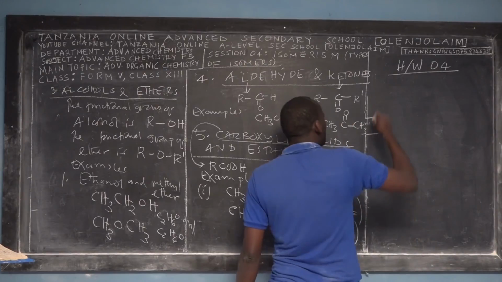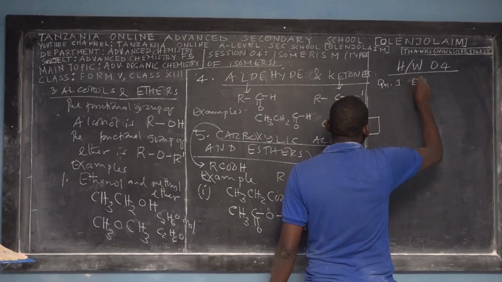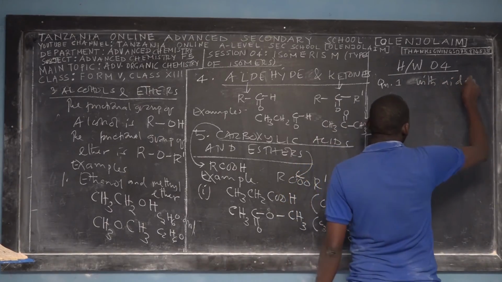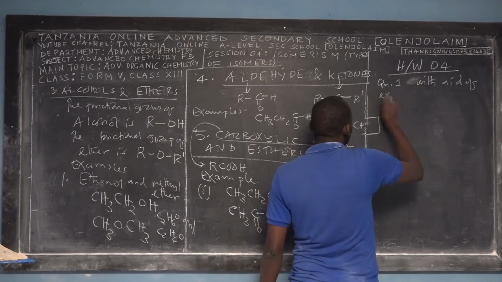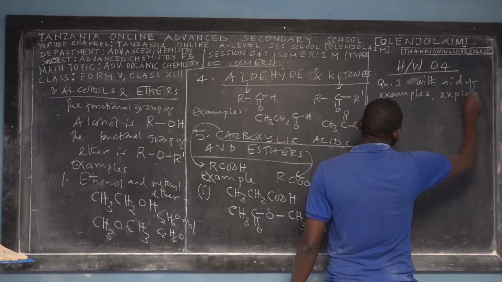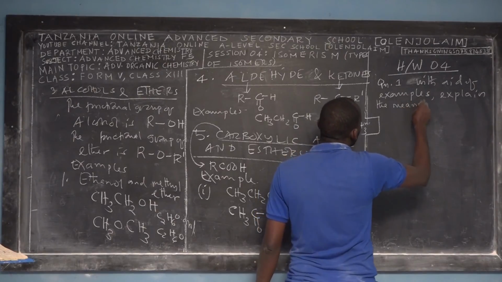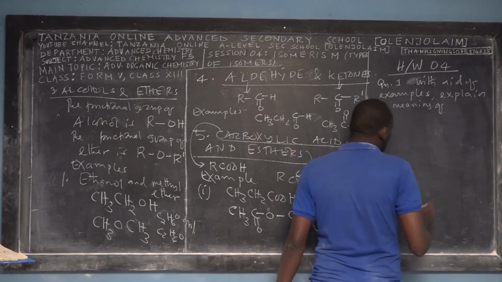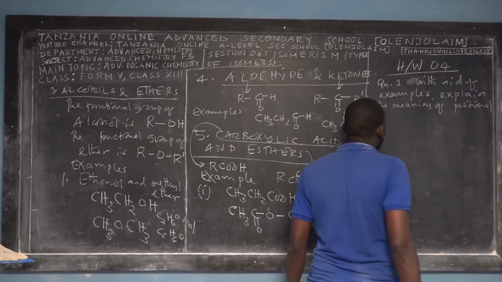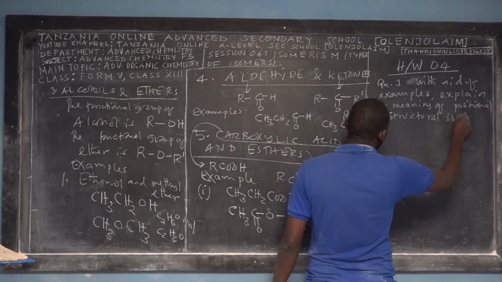Okay, so you have to do these questions. The first question: explain with the aid of examples the meaning of positional, structural, like the way that I have told you, structural isomers.